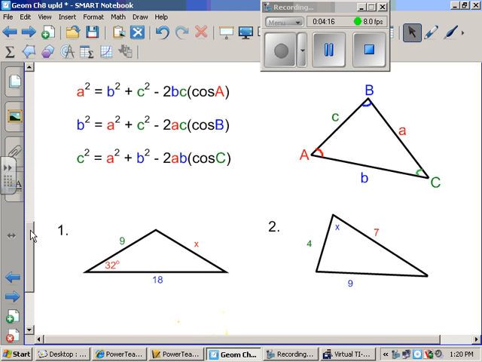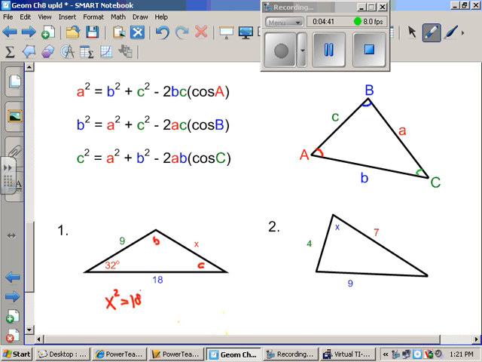So let's say in this example down here, number 1, we are looking for side x. So let's make this a. So I've got x squared is equal to b squared. So we've got a, b, and c. So b squared is here.